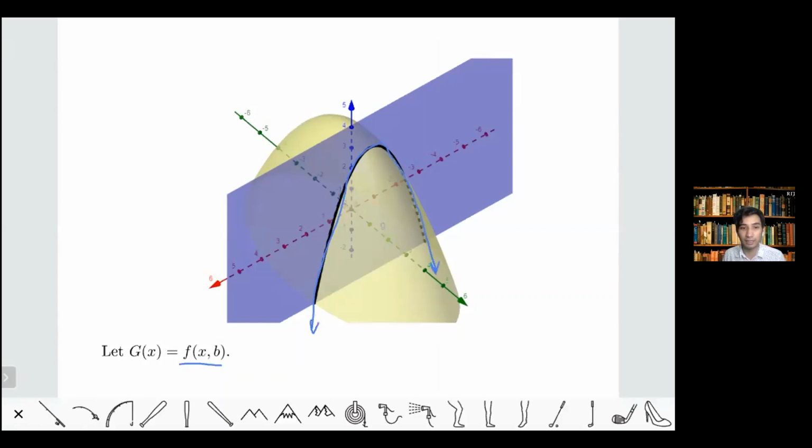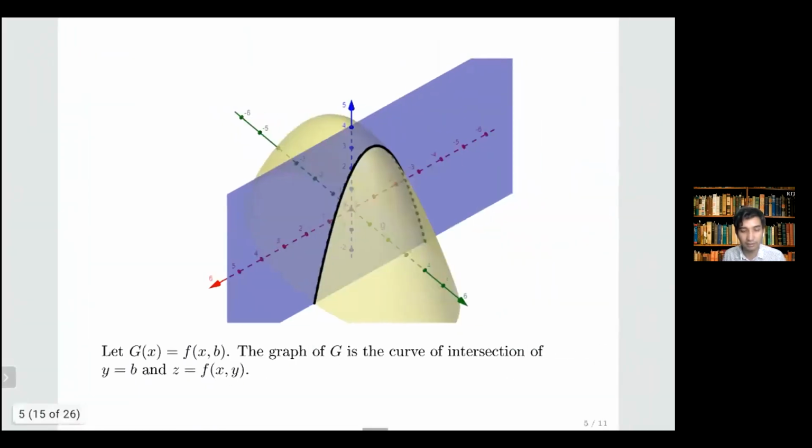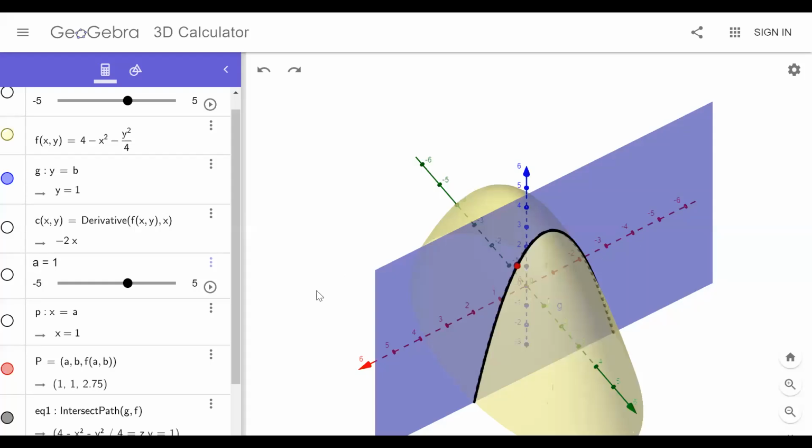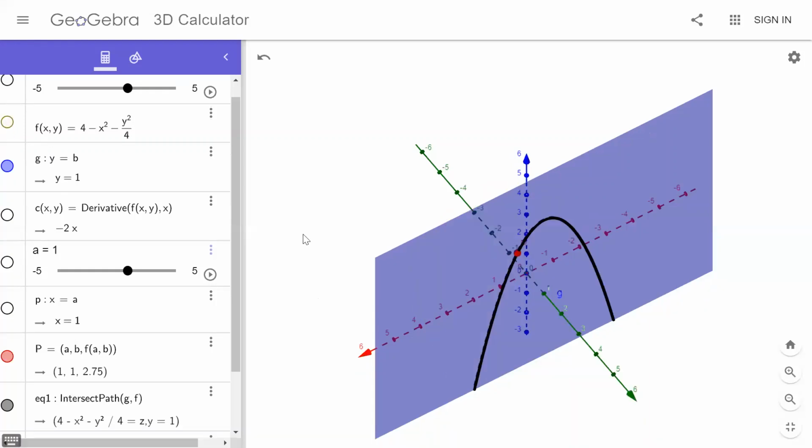That's our capital G. So the graph of G is this curve of intersection. If you look at this, for example, the black one is our curve of intersection. So it is now a single curve.